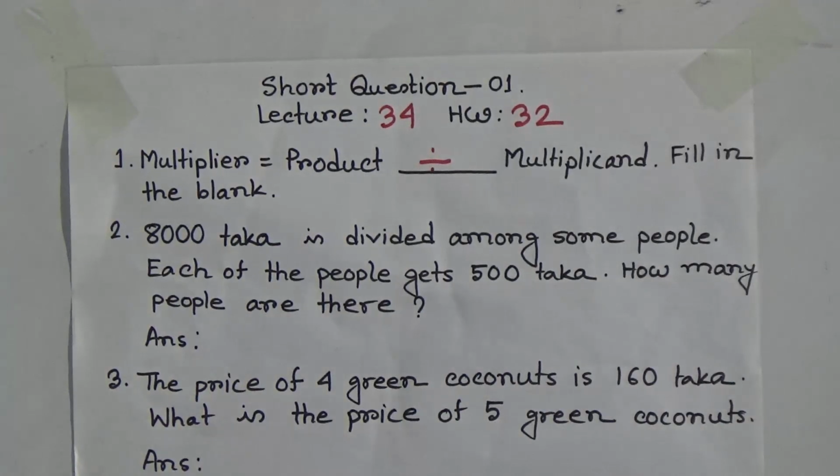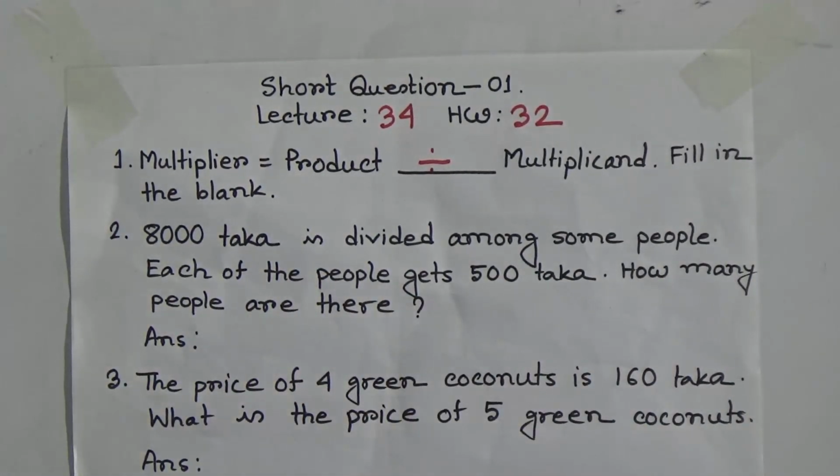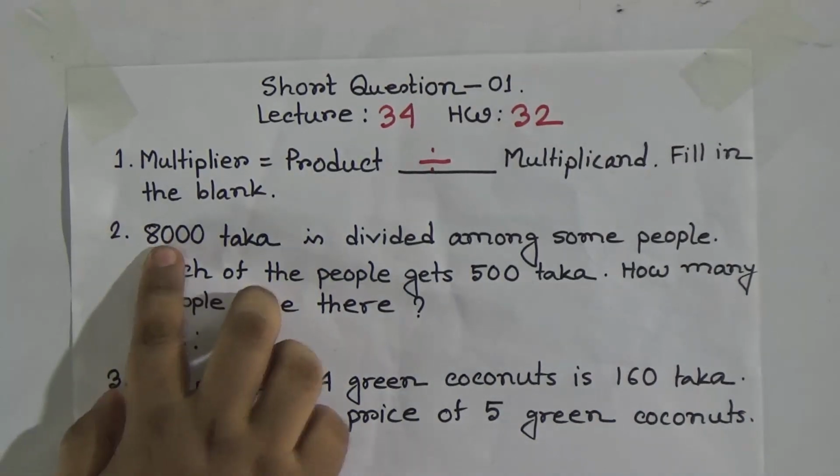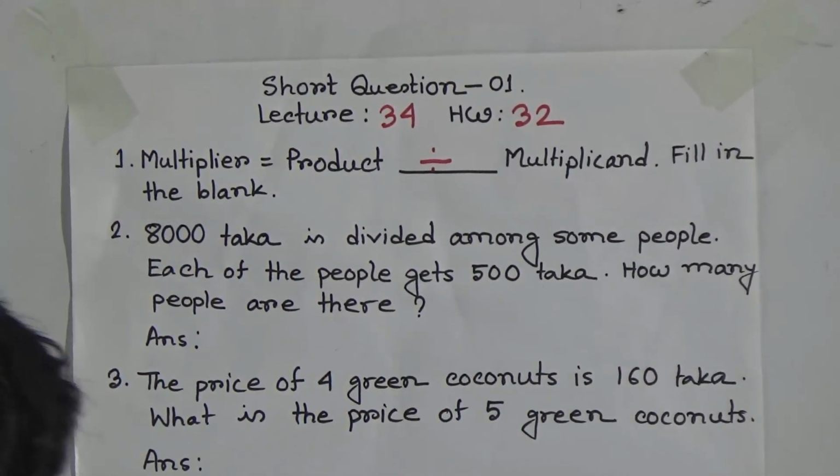That means, my dear student, one person gets 500 taka. So 8,000 taka is given to how many persons? So how can we solve this math? My dear students, as it is a short question, we need not do it in detail. For this reason, we divide this number by this 500 taka and we get the required number of people.